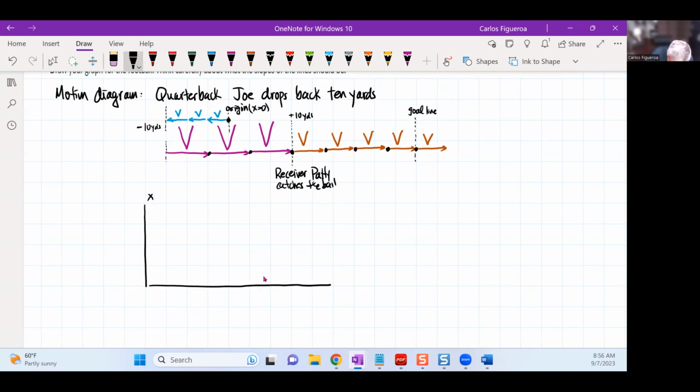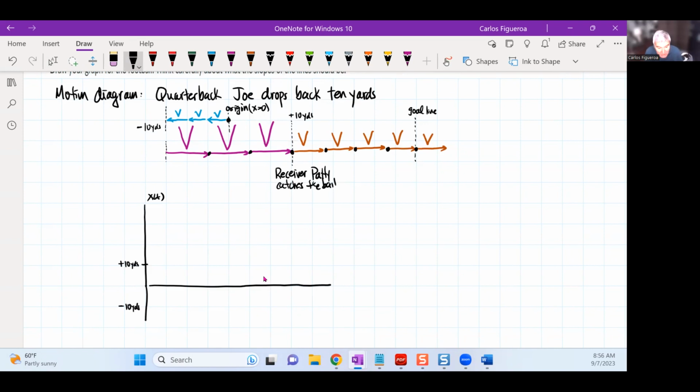So this is my position versus time. And what I'm going to do here is say that this is plus 10 yards, and this is minus 10 yards. And here I go. Look at quarterback Joe. He's going to the left.